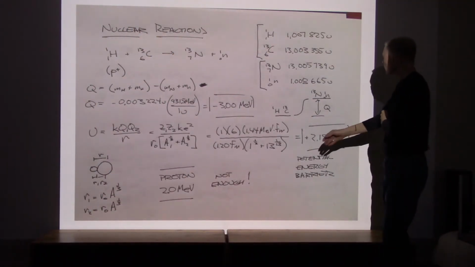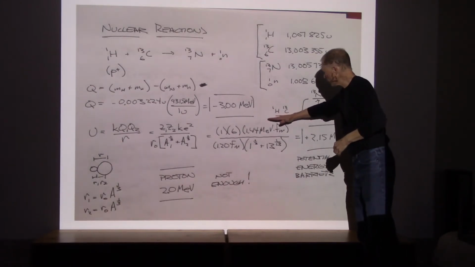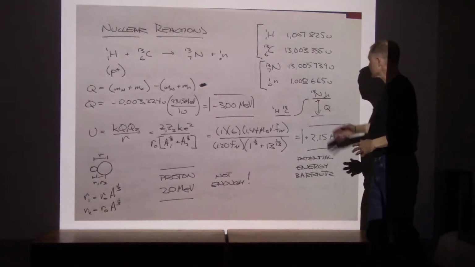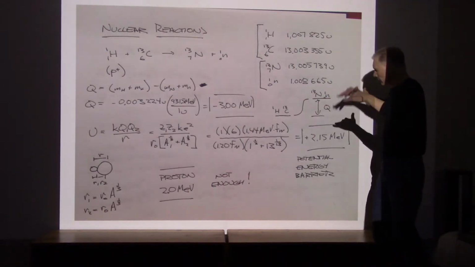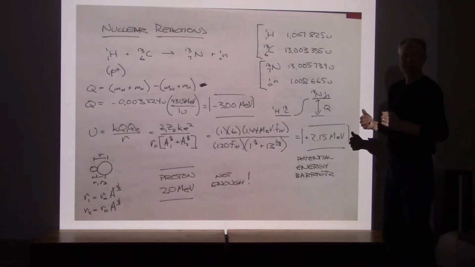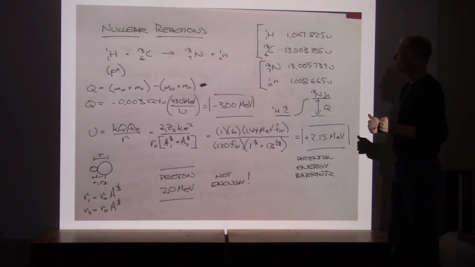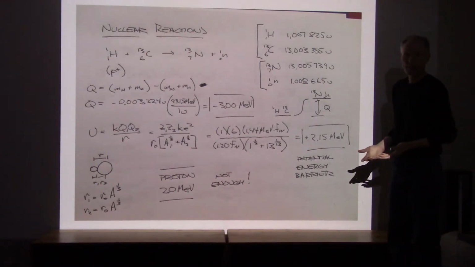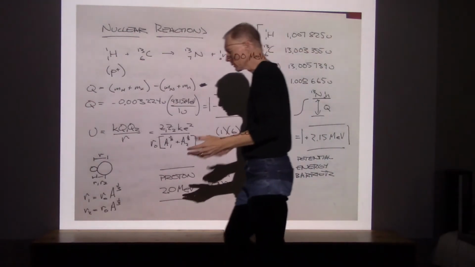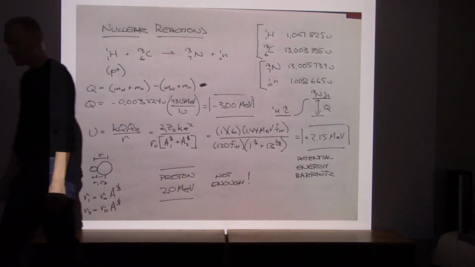So here are the starting materials, and here are the products coming out, and we've got to get up by 3 MeV. 2 MeV is not going to be enough. So 2 MeV is not going to get this done. It's not going to work. So we're going to have to go up to at least 3 MeV.